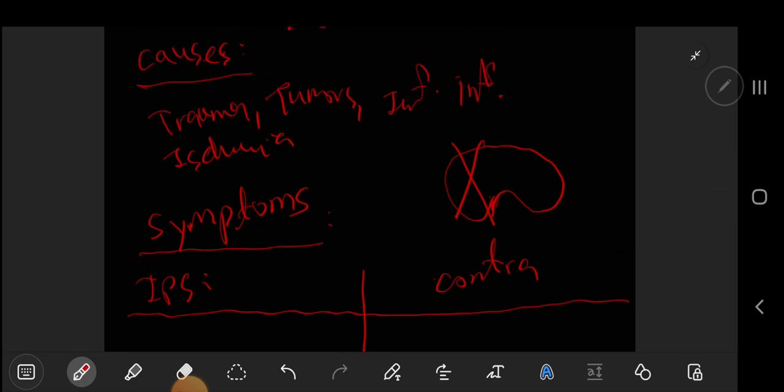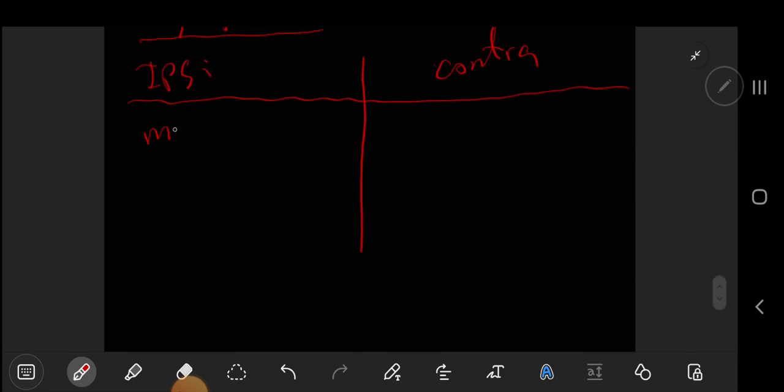So of course, one thing is motor damage, but not only motor, but also proprioception. This is on the ipsilateral side. On the contralateral side, what we can see is pain and temperature.